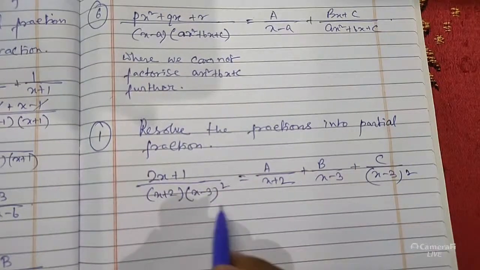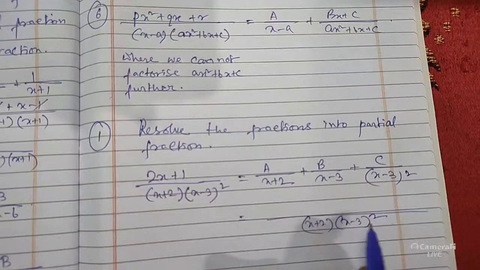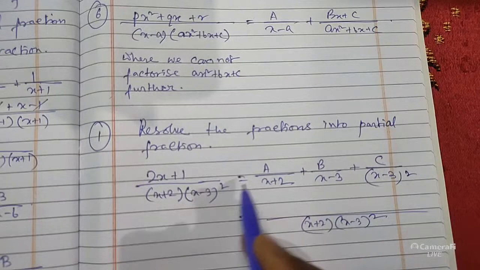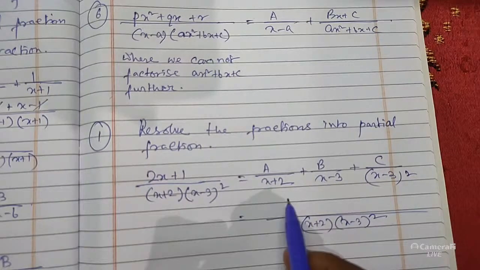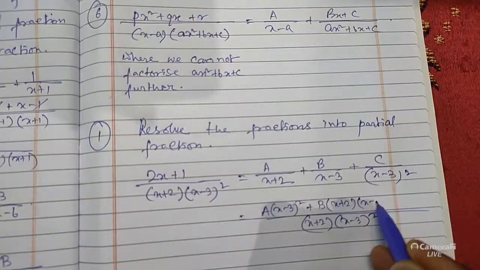Now how to take the LCM on this side? Now if you solve, you are getting x plus 2 into x minus 3.